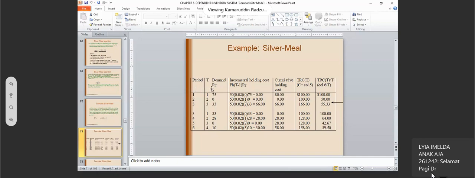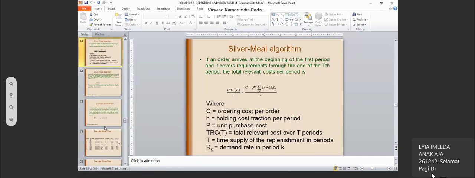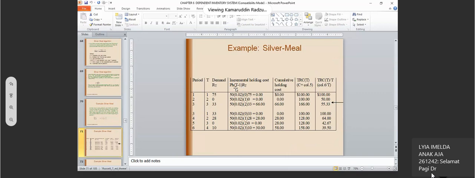We have the period, the time supply for the replenishment, P is the unit price, H is the holding cost fraction, and RT is the demand. So we need to develop this table first. We start with period 1.